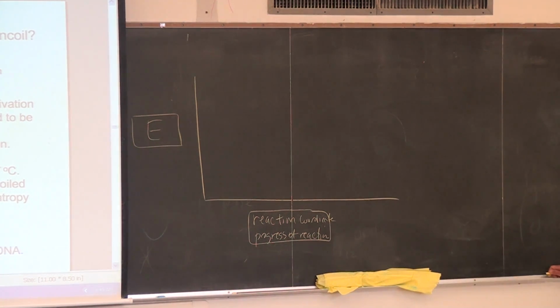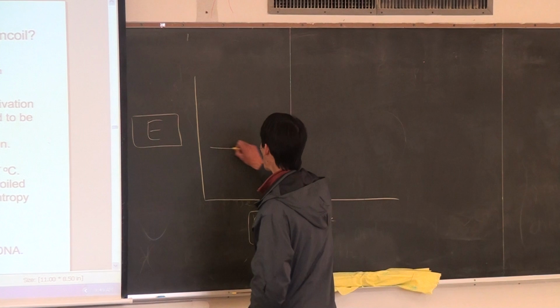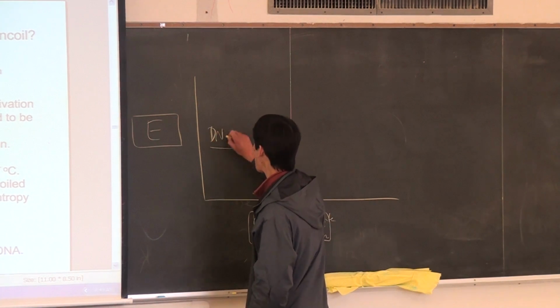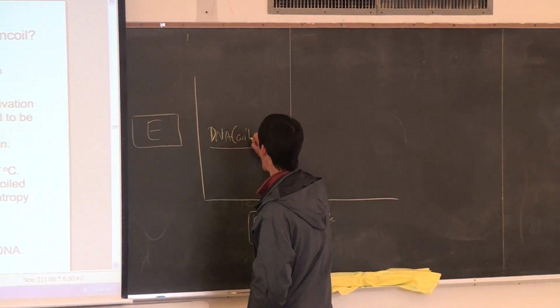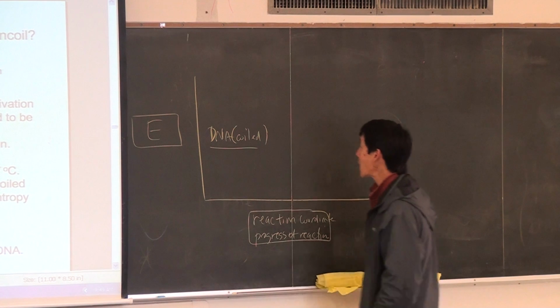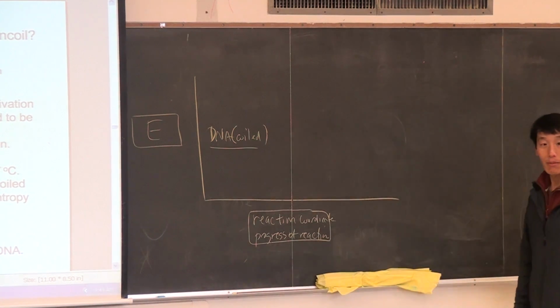Now you said that for this reaction, delta H is greater than 0. So if this line represents coiled DNA, is the uncoiled DNA going to be higher or lower in energy? Lower.